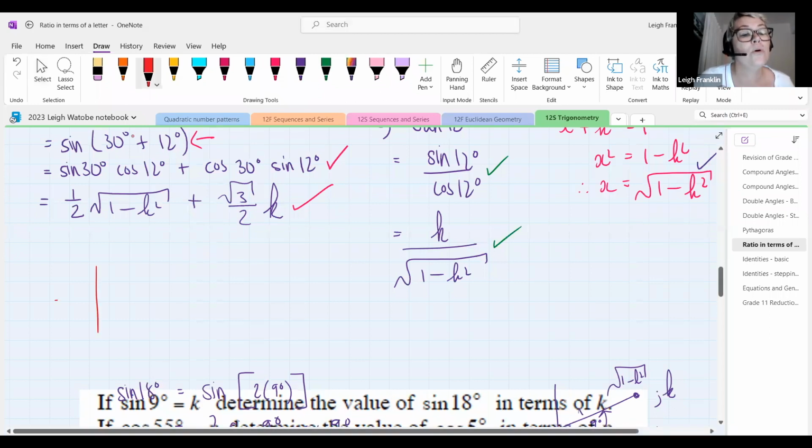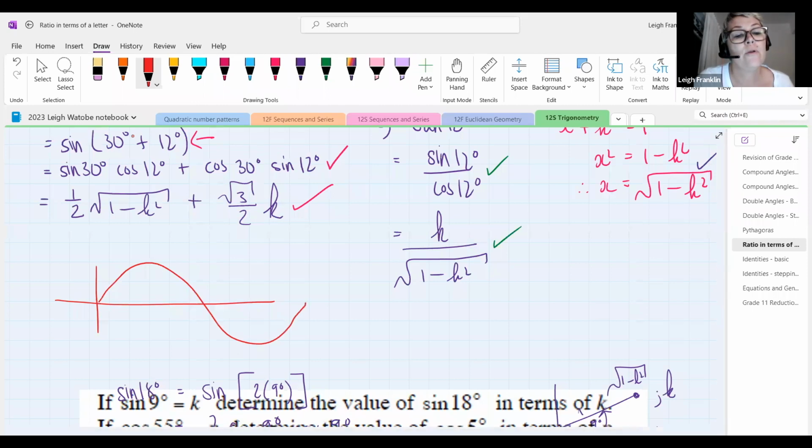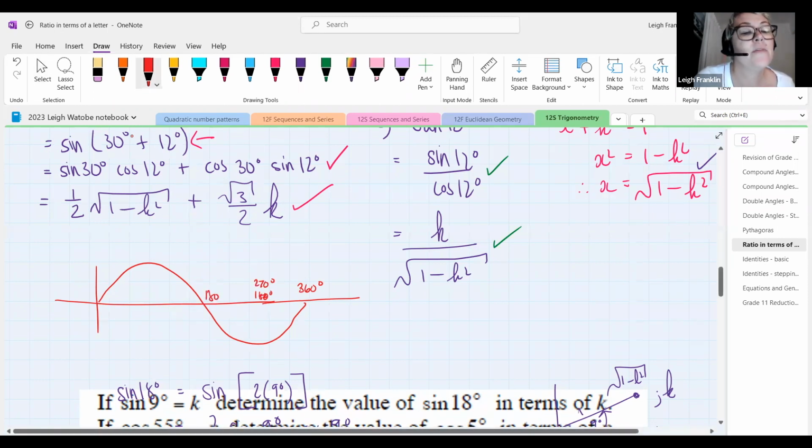Remember your sine curve looks like that. And if 360 is over here, there's 270, there's 180, there's 90 over there.